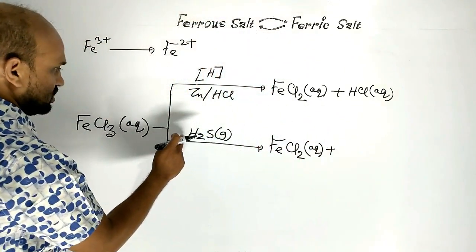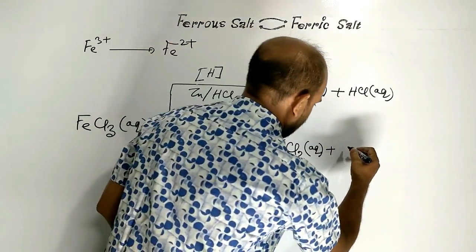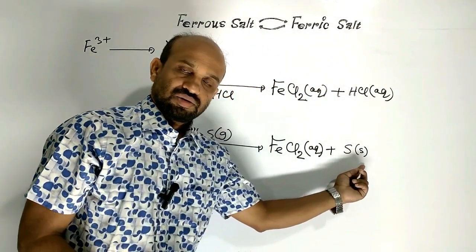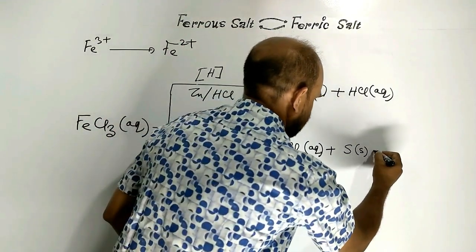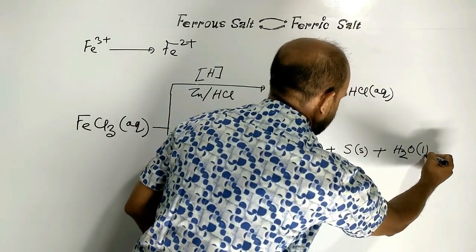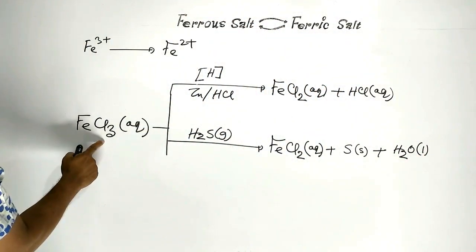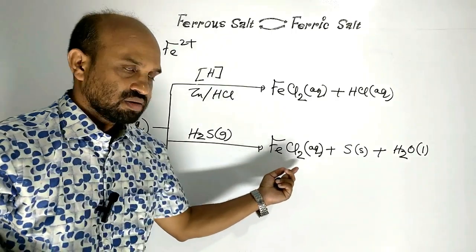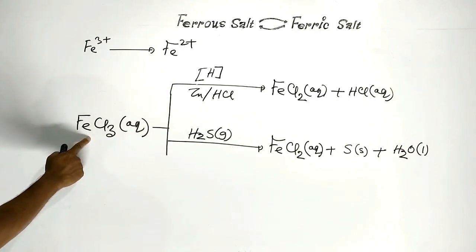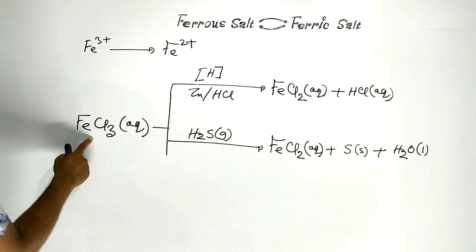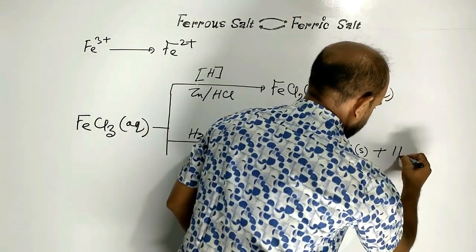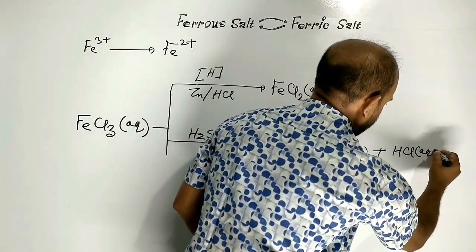At that time, hydrogen sulfide is oxidized to sulfur, solid sulfur, and water is formed. In this way, ferrous chloride is formed from ferric chloride. In this reaction, here hydrochloric acid is formed as byproduct.